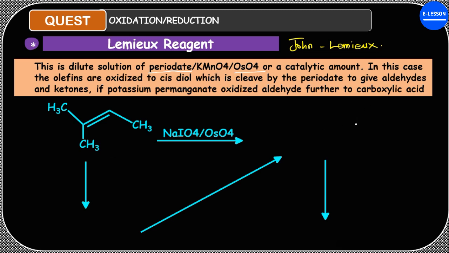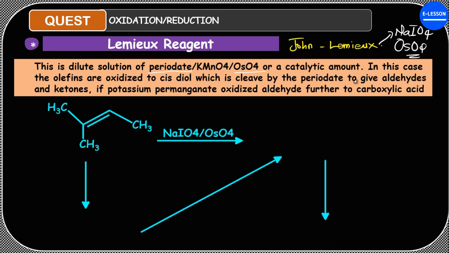So we can say that the Lemieux reagent is a combination of the periodate, which we can call sodium periodate, and osmium tetraoxide. So you may be asked, what is the Lemieux reagent? You say a dilute solution of sodium periodate and osmium tetraoxide, or a catalytic amount.